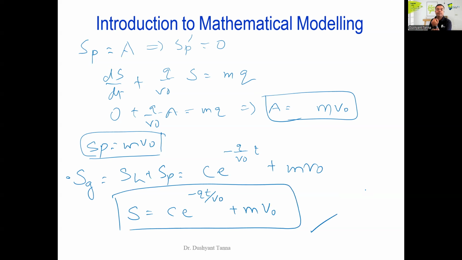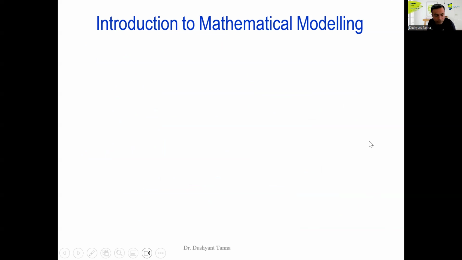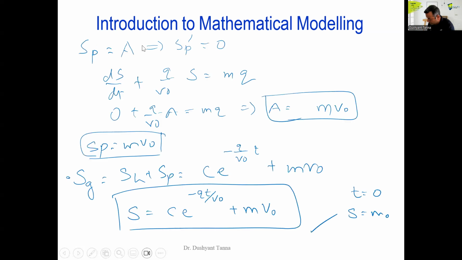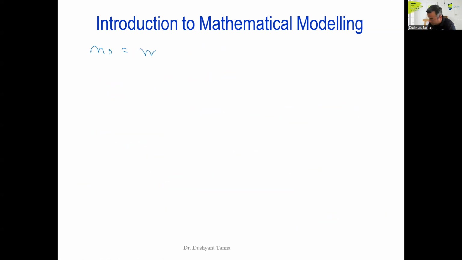But I just wanted to give you a different revision of the things we have done earlier. Now, there is some integration constant here. But we have the initial condition: when t was 0, your s is m0, the initial part, which we'll replace here. So m0 is equal to m v0 plus, t is 0, this one.